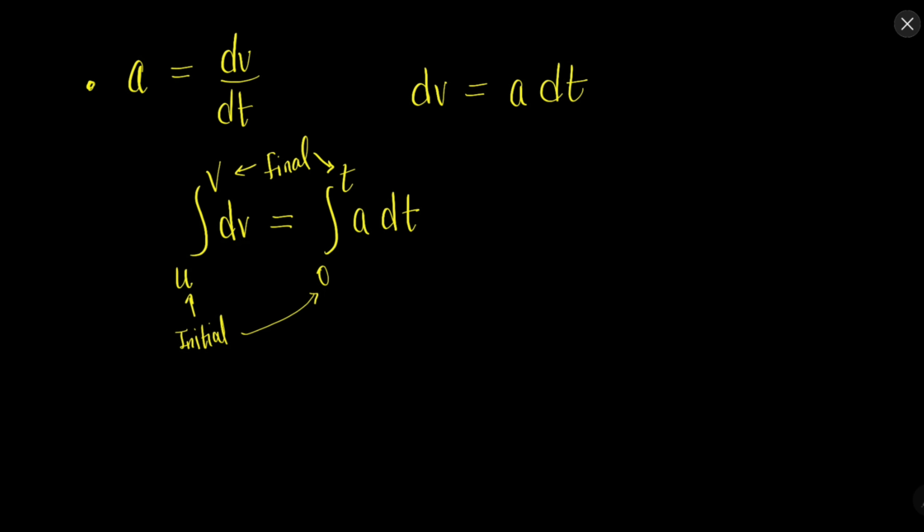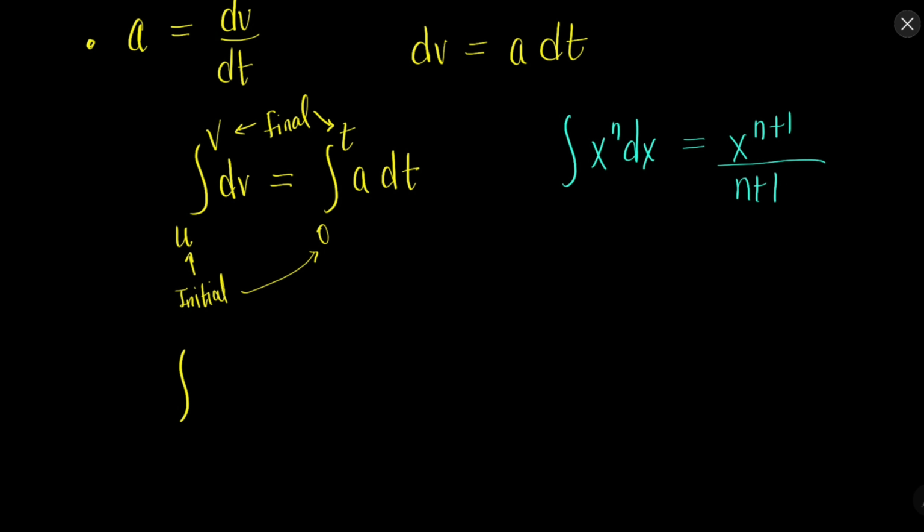Now after the integration symbol we need to integrate. How to integrate? If you remember, we discussed one formula: if x to the power n dx is there, then the integral is x to the power n plus 1 upon n plus 1. We will use the same formula here.